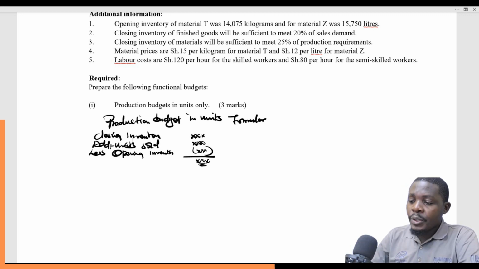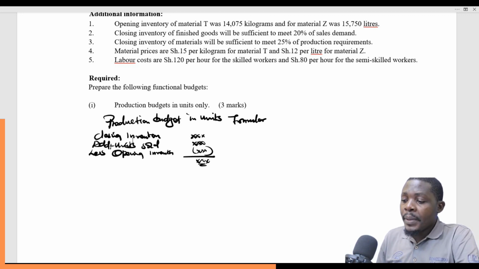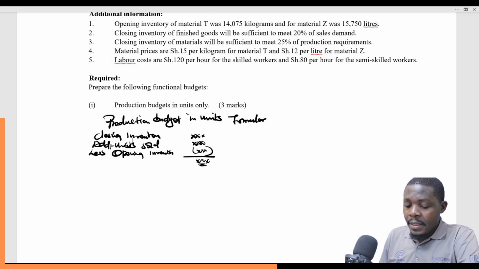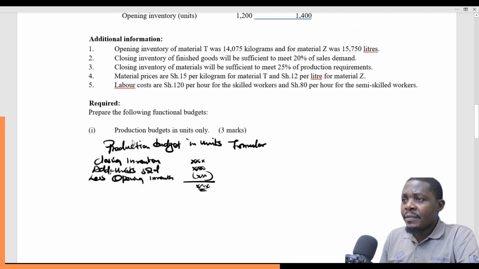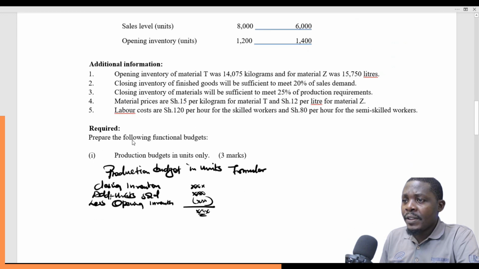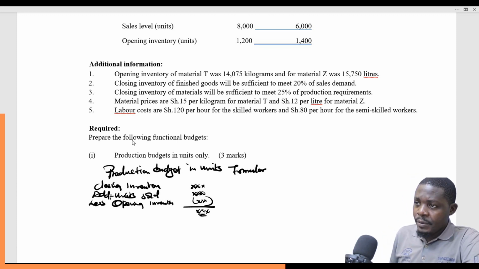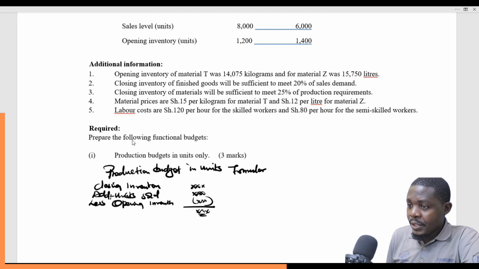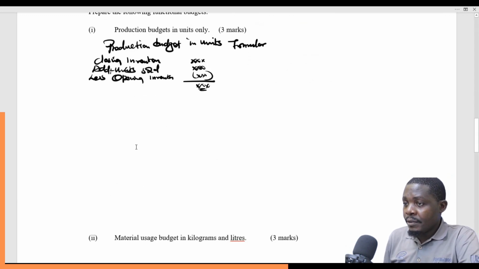Therefore, in this question we are meant to calculate the closing inventory because we have the units sold given, and we are told that 20% of that gives the closing inventory.